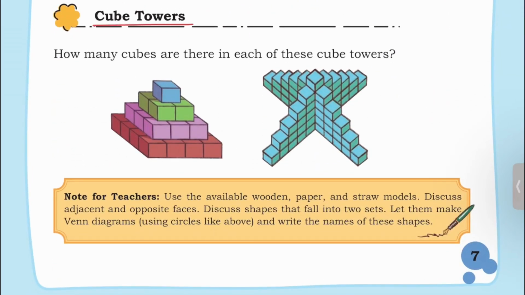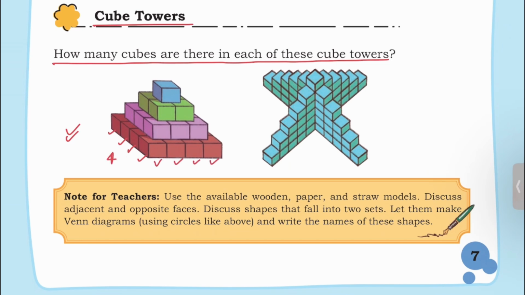Cube towers. How many cubes are there in each of these cube towers? Let's count the number of cubes in the first picture. 1, 2, 3, 4 and 4 here.